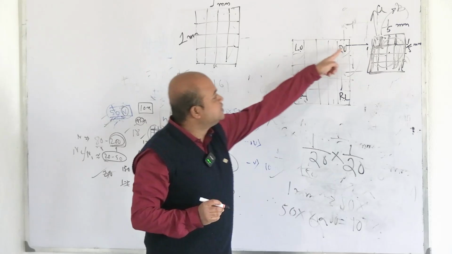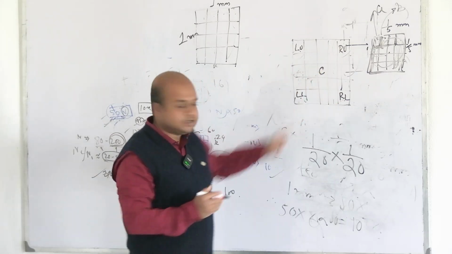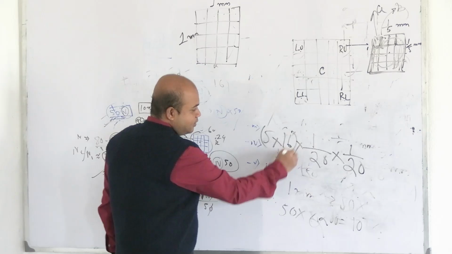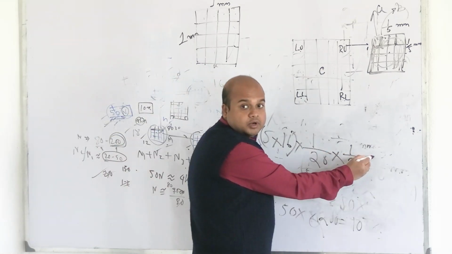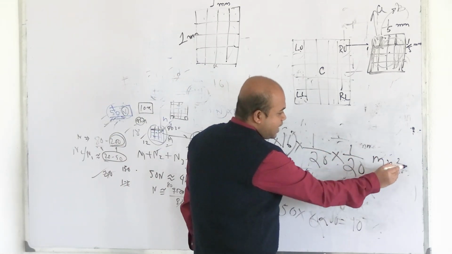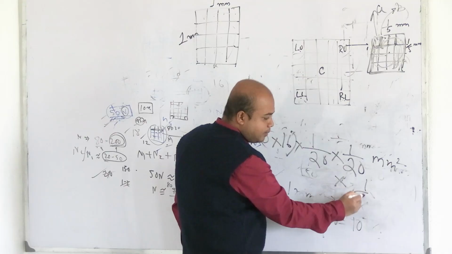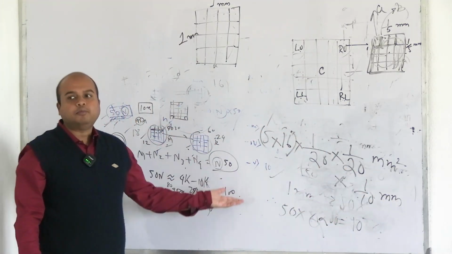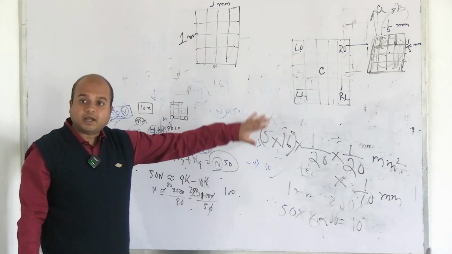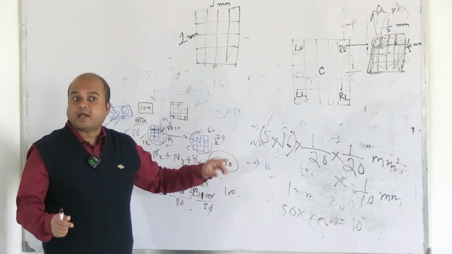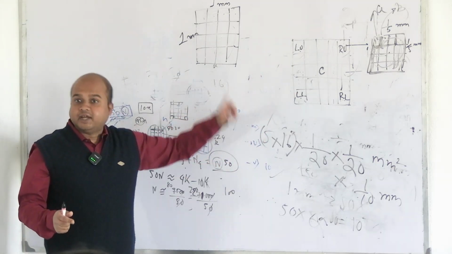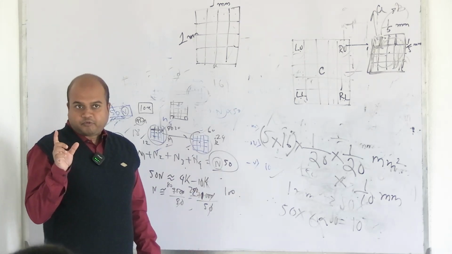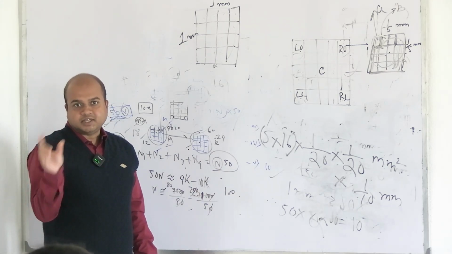I have counted 16, 16, 16, 16, 16, that is 5 into 16. So this is the area I have counted, and the volume is into 1 by 10 millimeter. This will come to 1 by 50. Same thing, better it should be written like this, because I am actually counting all these 80 squares. I am not counting those 5 squares, that means 16.